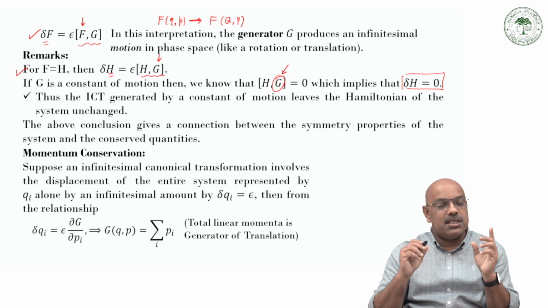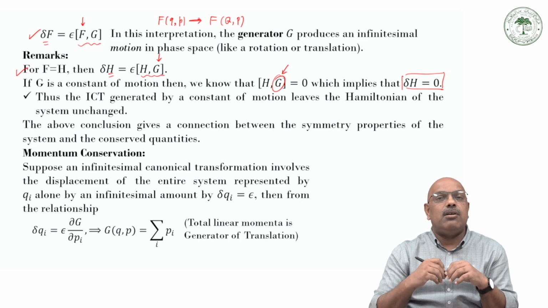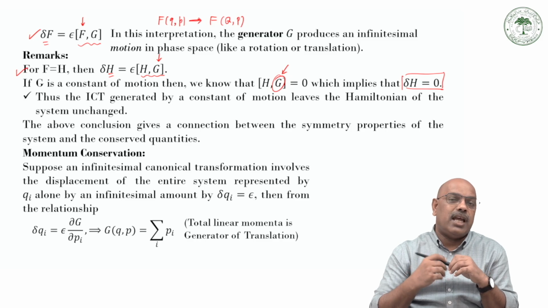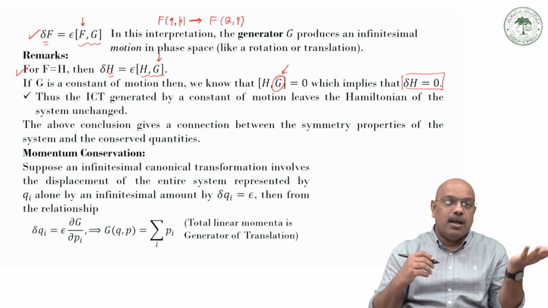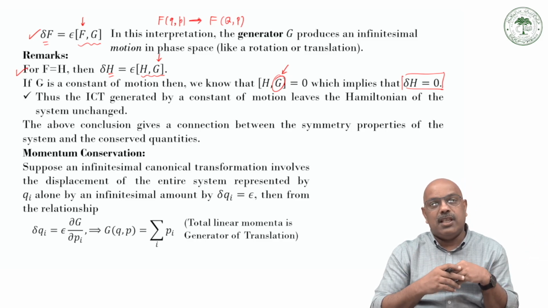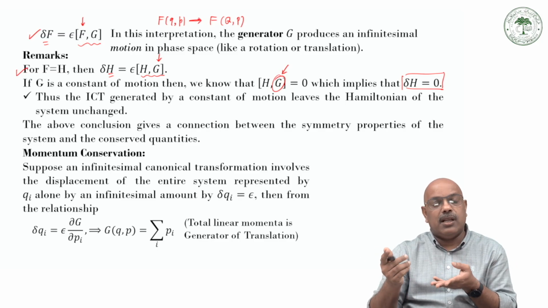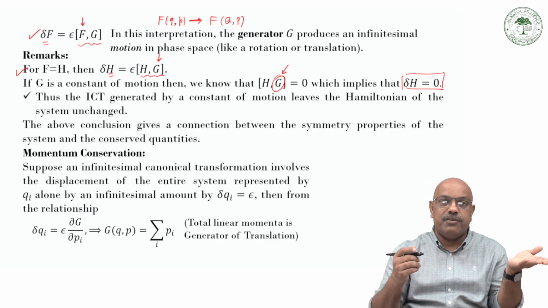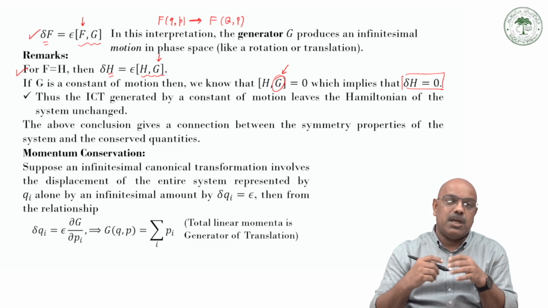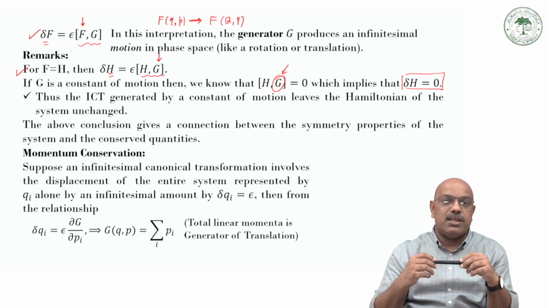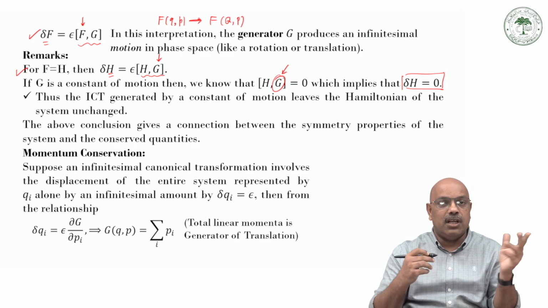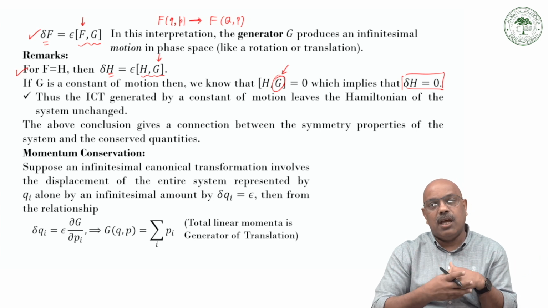And then you are going to have some conserved quantity, like we have in the case of Lagrangian and Hamiltonian. We have seen the linear momenta and the angular momenta, like the homogeneity of space and isotropy of space. They both have given us the conservation of the linear momenta and the conservation of the angular momenta.